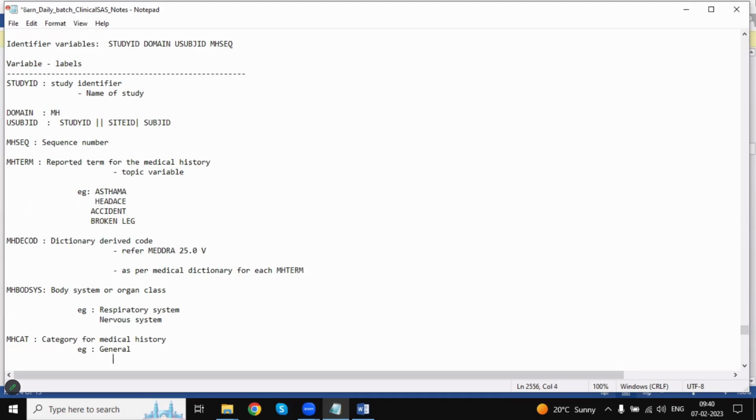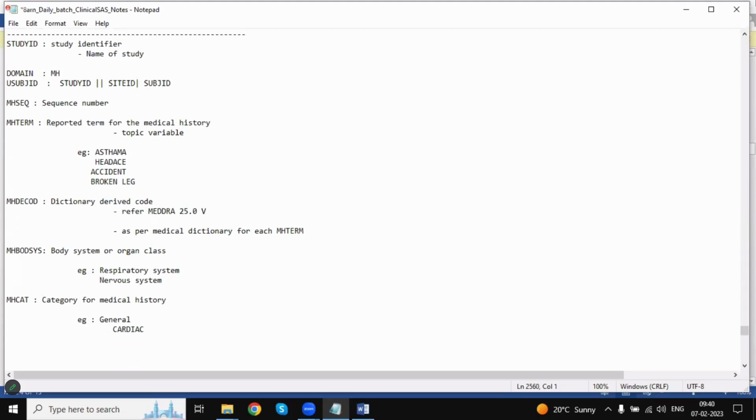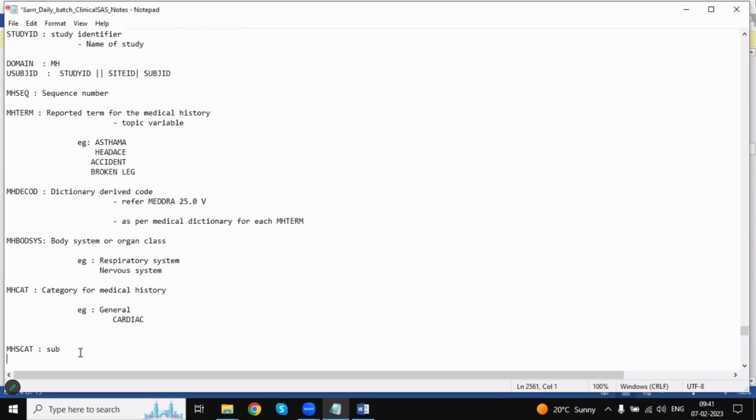For example, if a subject previously had a heart attack, any heart related disease comes under cardiac. So based on the terms, we'll capture the information into different categories. And we have MH subcategory also. Subcategory of medical history. Apart from this main category, if you have some extra information, we'll pass it into subcategory.